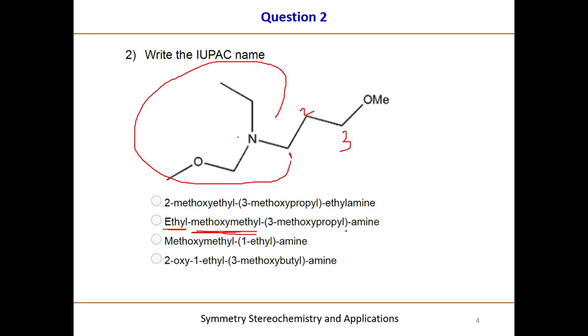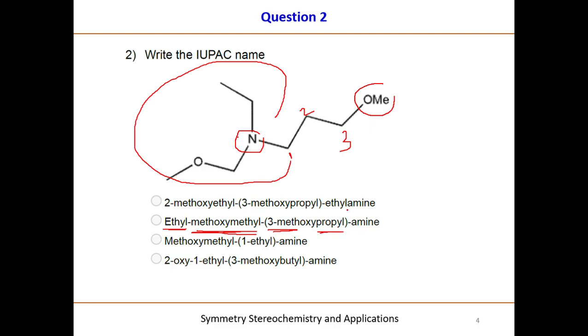These are three carbon atoms, that's why 3-methoxypropyl. Methoxy is a substituent present at the third position, that's why we write the substituent first and then propyl, since there are 3 carbon atoms. Why am I writing propyl, not propane? Because this nitrogen is considered the suffix here, and the substituent is present on this nitrogen. So the name will depend on this nitrogen, not this chain. So this is a propyl substituent: 3-methoxypropyl.